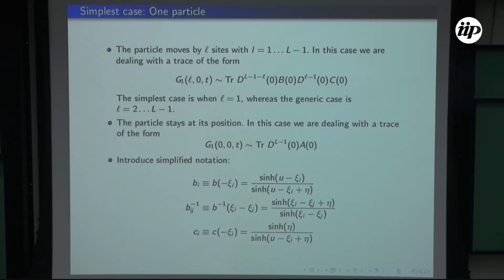So what you are doing is you assume that your initial coordinate is 0, and you evolve the particle to site L, and then you want to compute this. If your system size is capital L, it corresponds to this trace.